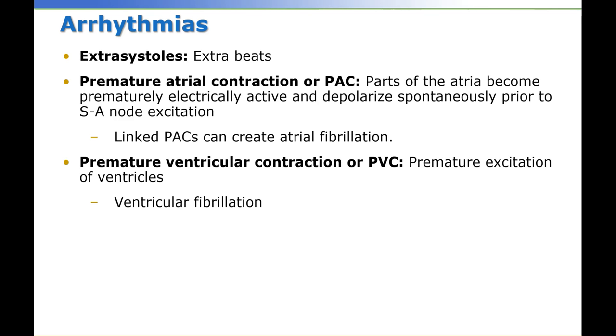Resuscitation takes two forms: reestablish normal heart rate and pumping action to restore blood flow and pressure, and halt fibrillation and reestablish normal electrical rhythms. So the premature ventricular contraction, or PVC, is the one that's the serious one out of the two.